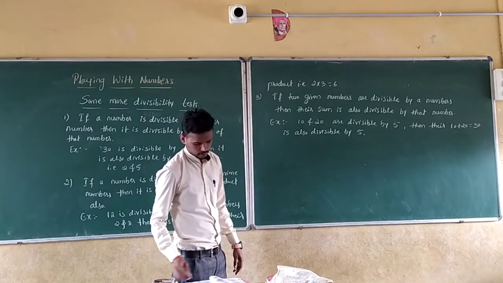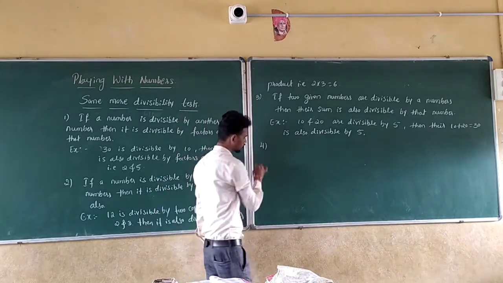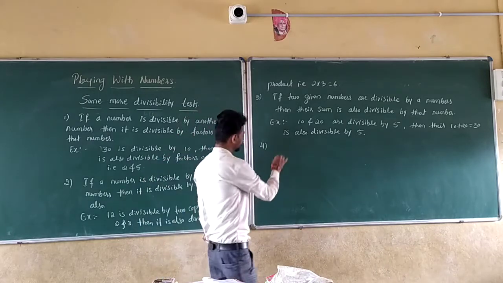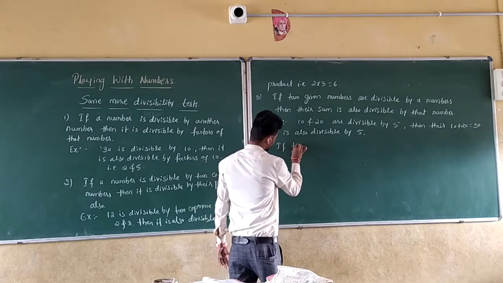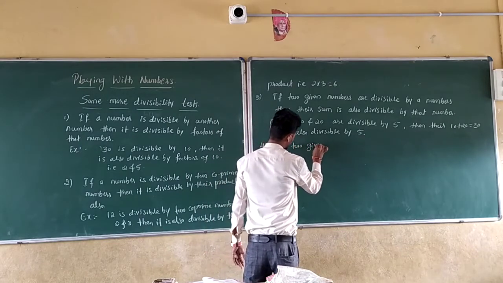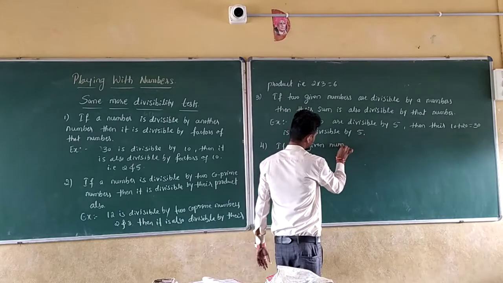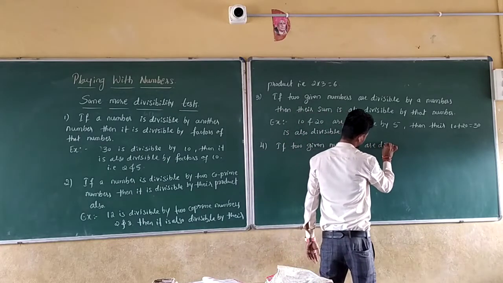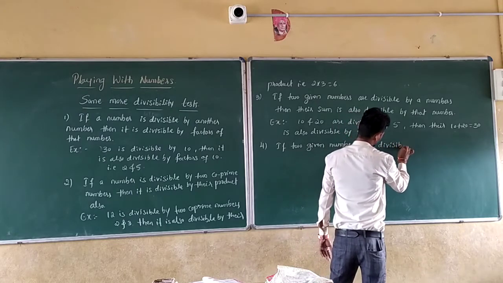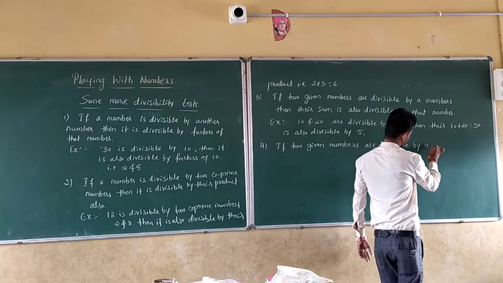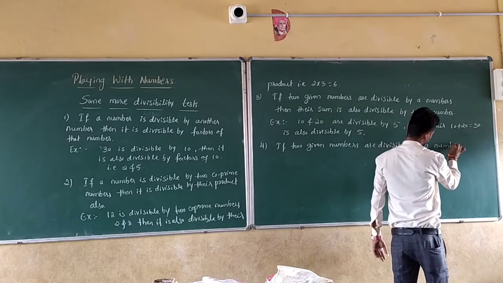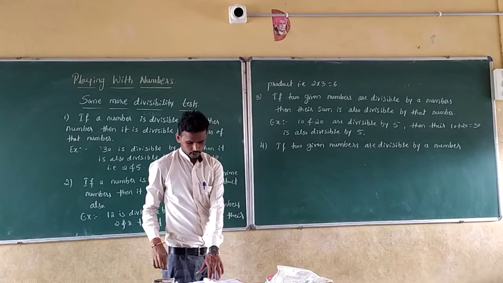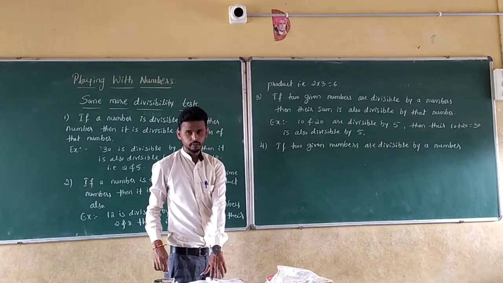And next, fourth one is, if two given numbers are divisible by a number, then their difference is also divisible by that number.